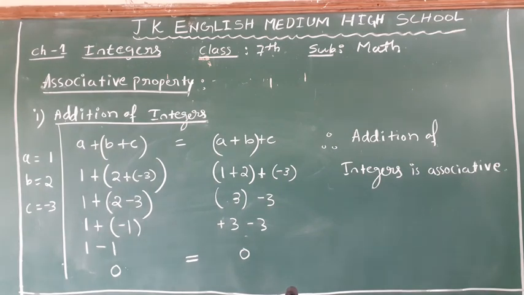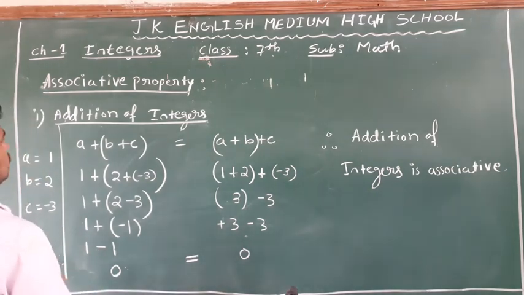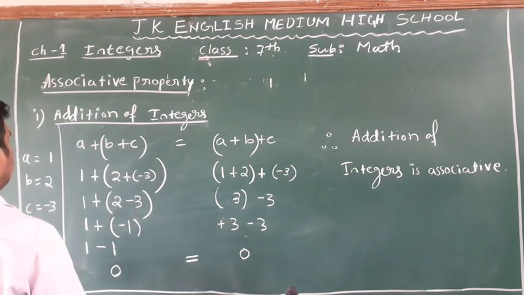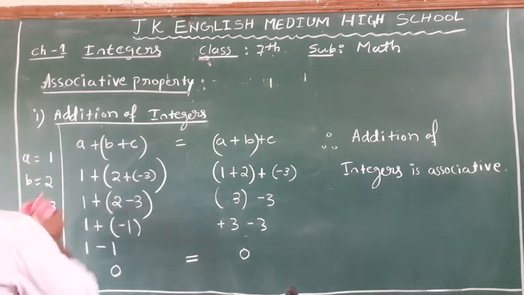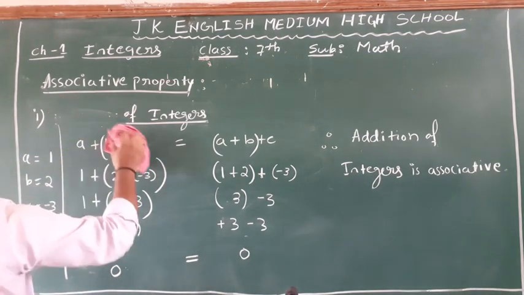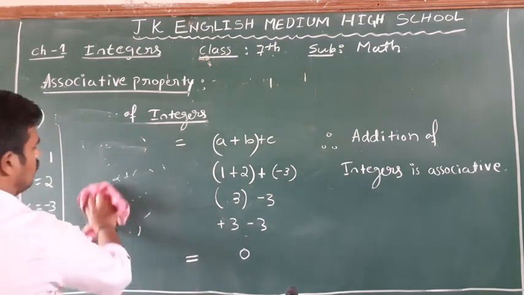Now with the same, addition of integers is associative, you can take a screenshot of this and write this much. Now I will move a little bit fast. I will use the same numbers only, but next one is subtraction of integers. Okay, subtraction of integers.